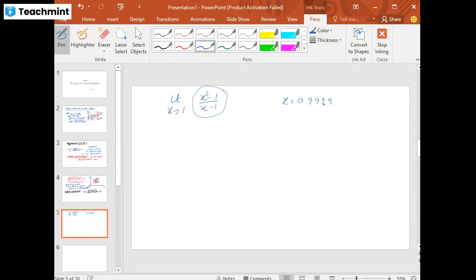So if I replace x equal to this, then what is the value of the function? X square minus 1 upon x minus 1. This is 0.9999 whole square minus 1 upon 0.9999 minus 1. So either I can take the square of this number, or what can I do? I can simply write it as a square minus b square.